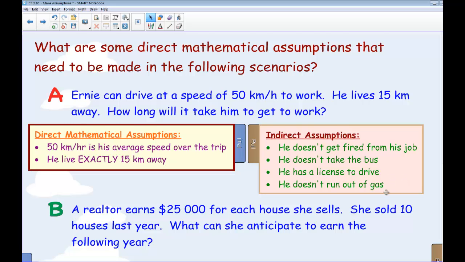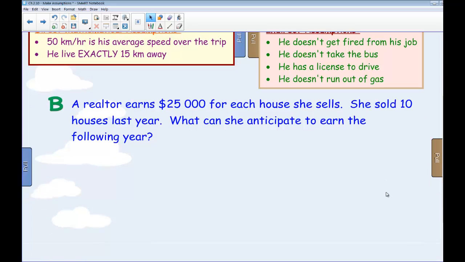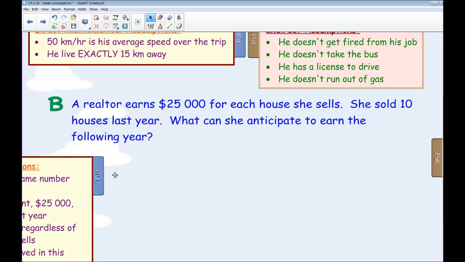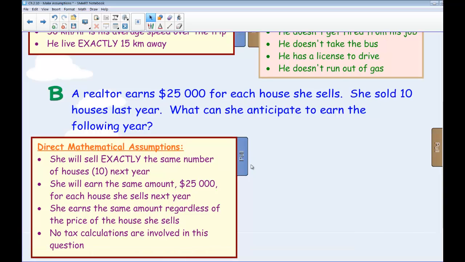Now if I skip down to the second question, it says a realtor earns $25,000 for each house she sells. She sold 10 last year, so what is she going to anticipate to earn next year? One of the direct mathematical assumptions is that she's going to sell exactly the same amount of houses.